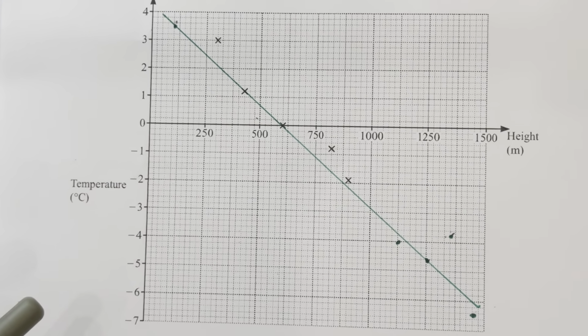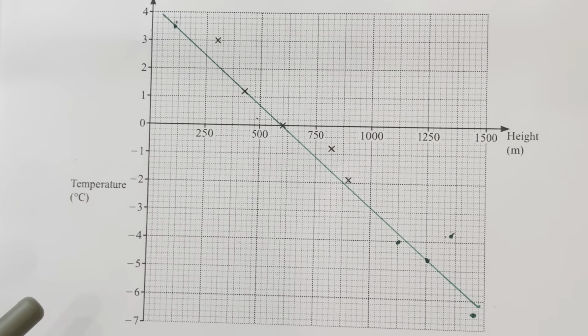This would be approximately equal to minus 2.8 or minus 2.9. You can write either of them. I'm going to write minus 2.9. Your value may be close to 2.8, 2.7 or 3.